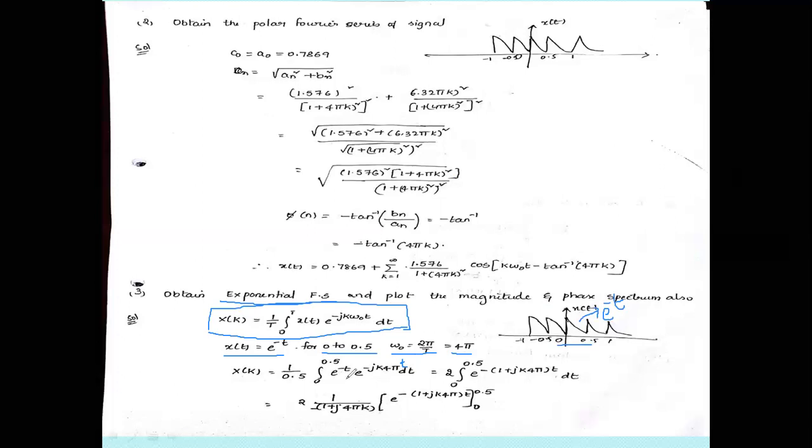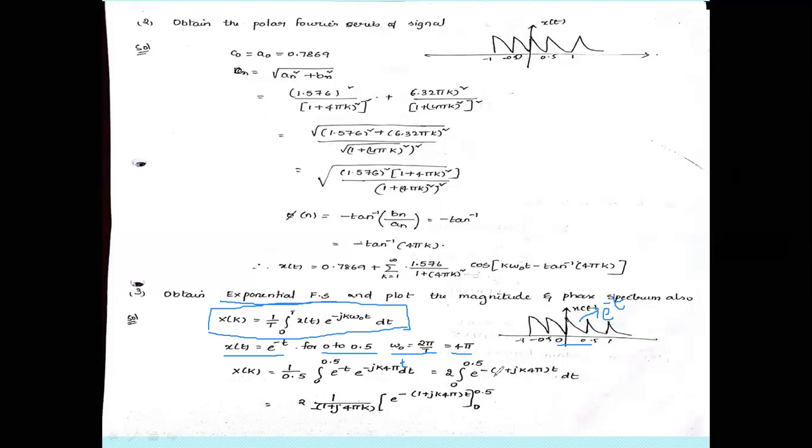So in this integral, both are exponential signals only, so the bases are the same. Now you can add the powers. Both are negative exponentials, so minus (1 plus j k 4 pi), and t is a common term, into dt.